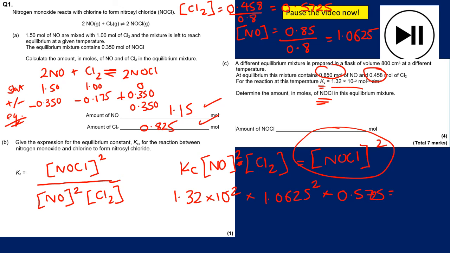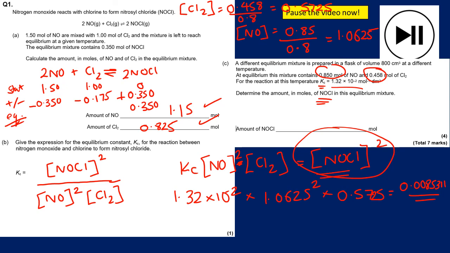So put that into my calculator: times by 1.0625 squared, times by 0.5725, and I have a value here of 0.008531, and that is equal to NaCl squared.